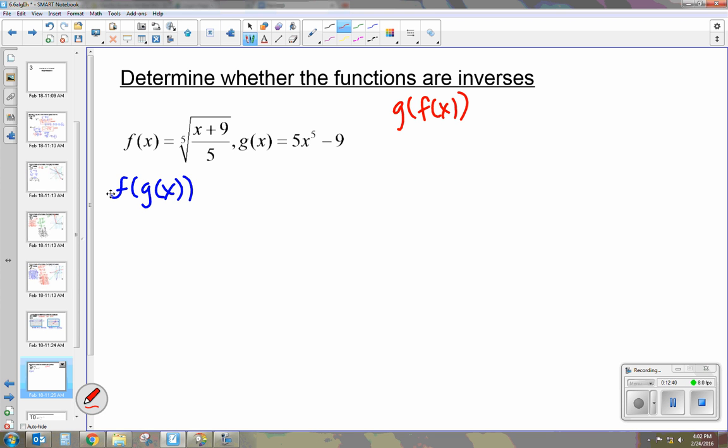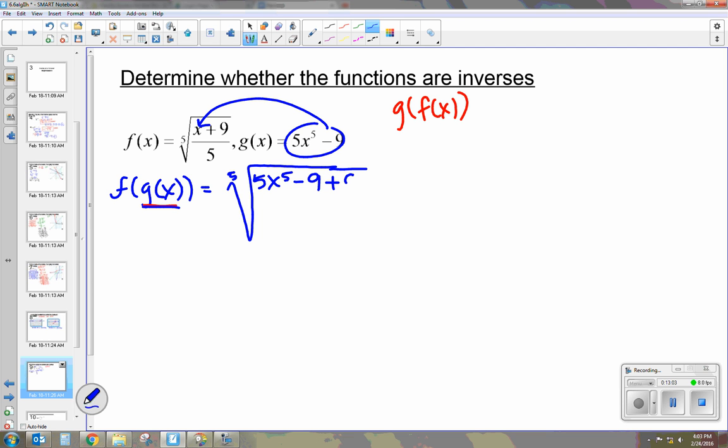For this first one, we're going to take g of x and plug it into this x right here, into the f of x. So what we're going to get is the fifth root of 5x to the fifth minus 9 plus 9, all over 5, because we plugged it in right there.